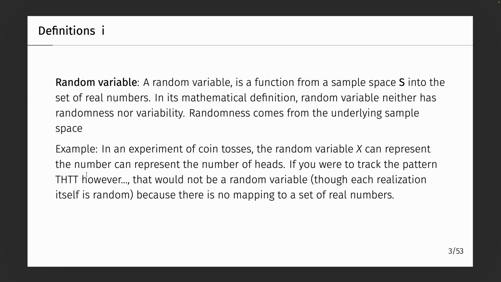What is the simplest random variable that you can think of in a coin toss setting? How will you map this sample space to a real number? Zero for heads and one for tails. Yeah, you can give it some arbitrary mapping, for example, that heads is 0 and tails is 1.